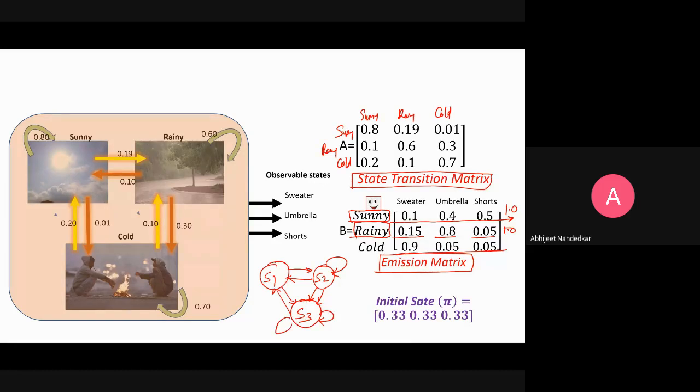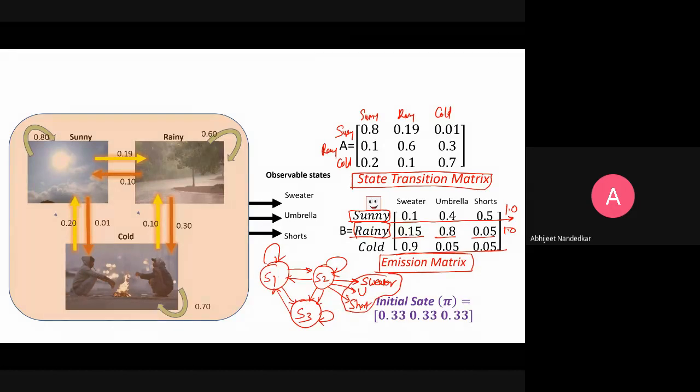This is matrix A. Now when you are at state 2, you can emit different symbols, or you can have different indications. So as I have indications here, sweater, umbrella and shorts, and they have their corresponding probabilities.